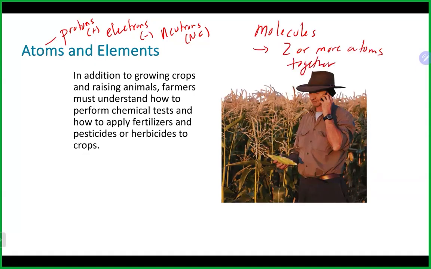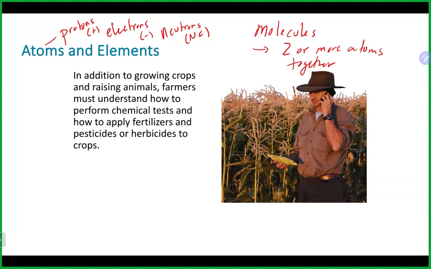What I mean by that is it could be 2 or more atoms of the same element. It could be 2 or more atoms of different elements. But in order for something to be a molecule, that's pretty much all you need, just 2 or more atoms that are united together.